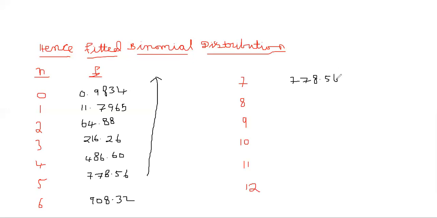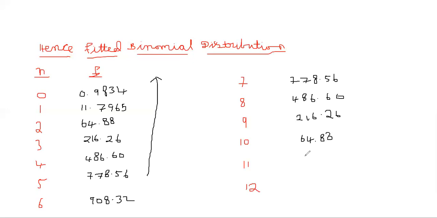778.56. For 8, you will get 486.60. For 9, you will get 216.26. For 10, you will get 64.88.